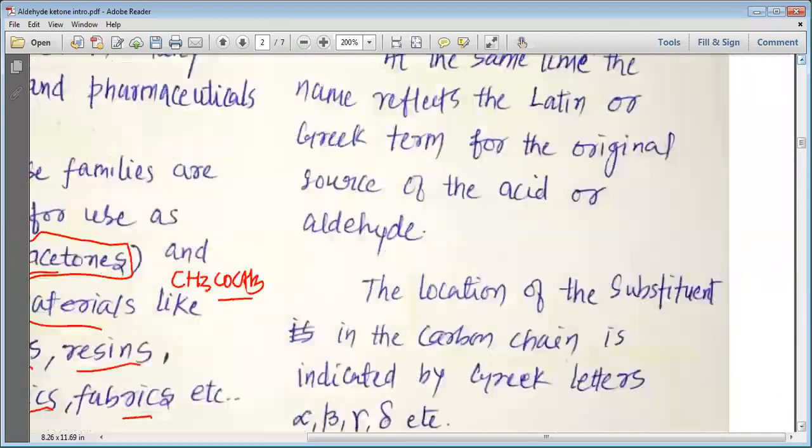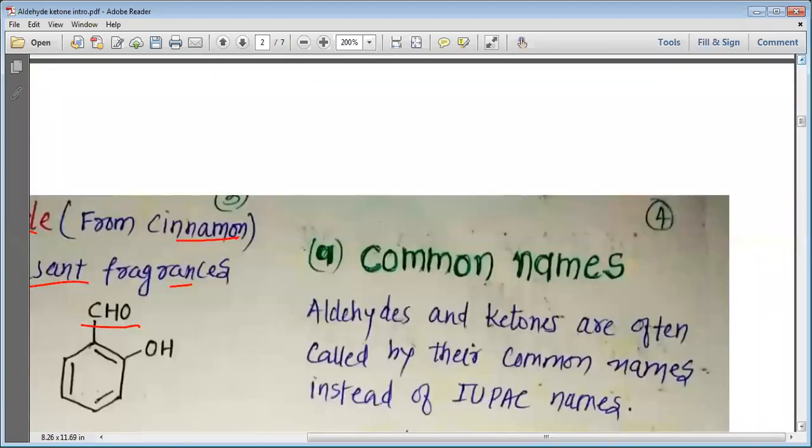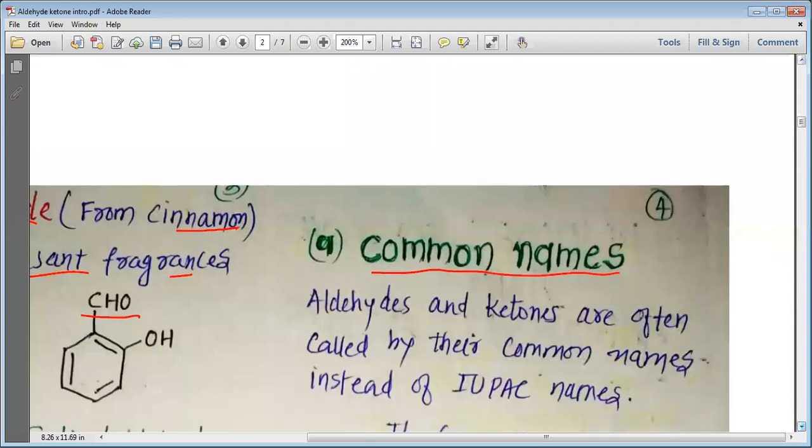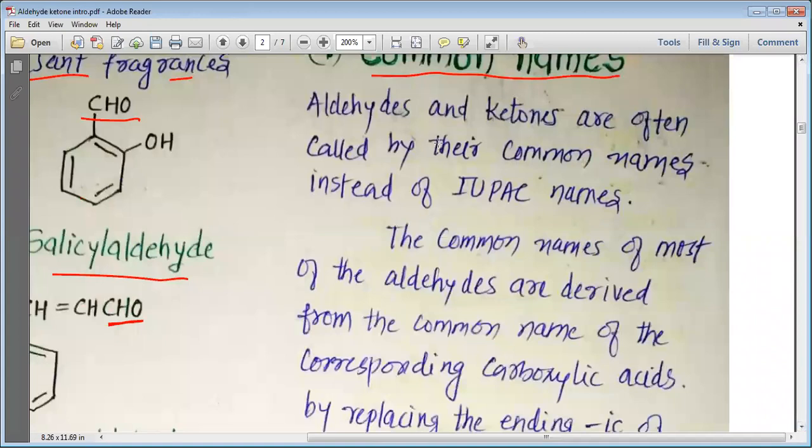One system is the IUPAC system, given by the International Union of Pure and Applied Chemistry. But at the same time, we also frequently use common names for these aldehydes and ketones. So let's have a look at the common names. Aldehydes and ketones are often called by their common names instead of the IUPAC name.